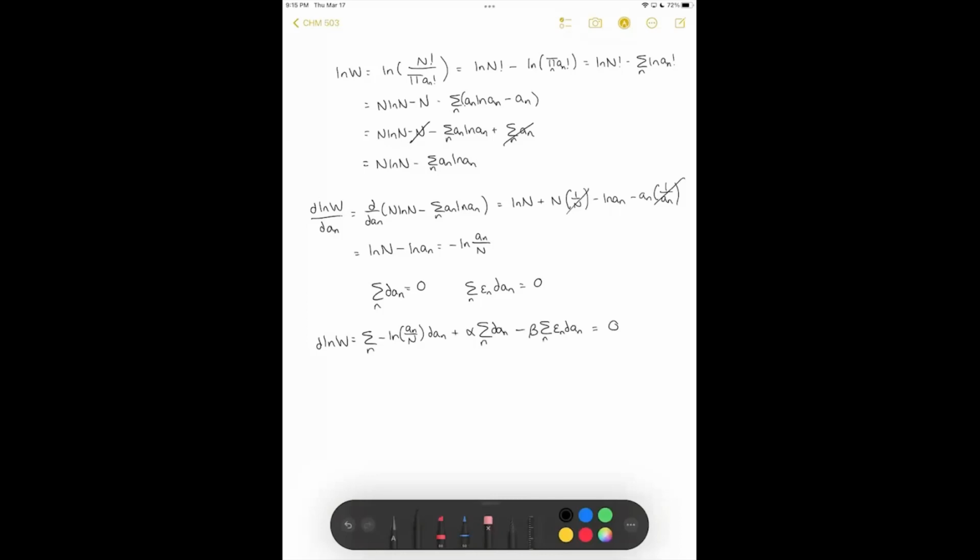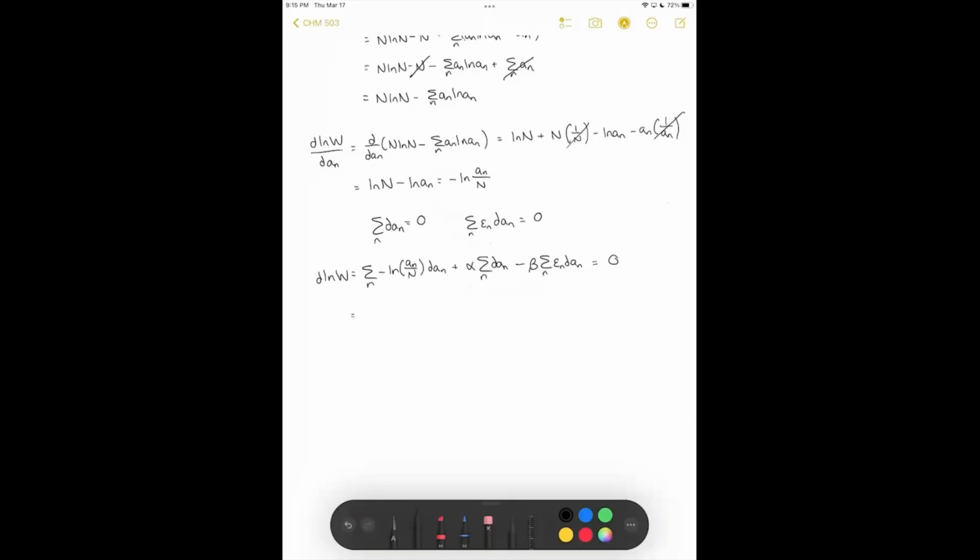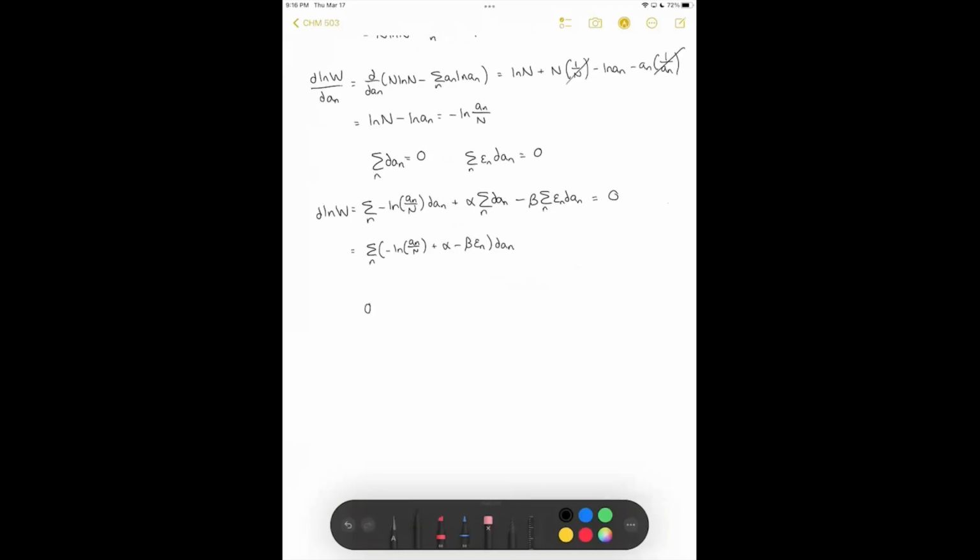So we can group all of these things in the same sum and have a sum over n of the negative natural log of a sub n over n plus alpha minus beta epsilon n, and then we have dA sub n. And this is what needs to be set equal to 0 in order to find the dominant distribution. So we can say finally that 0 is equal to the negative natural log of a sub n over n plus alpha minus beta epsilon sub n.